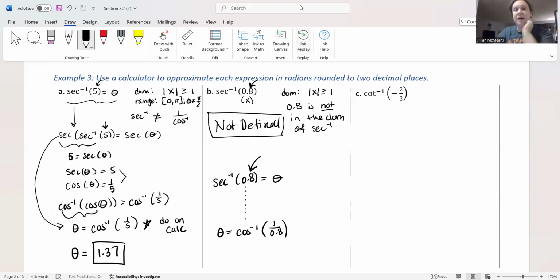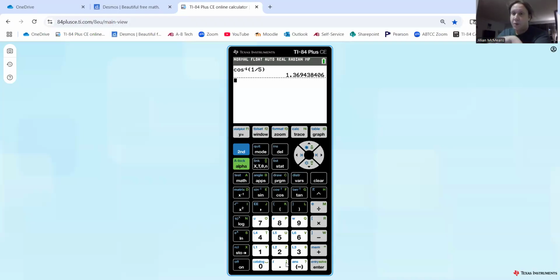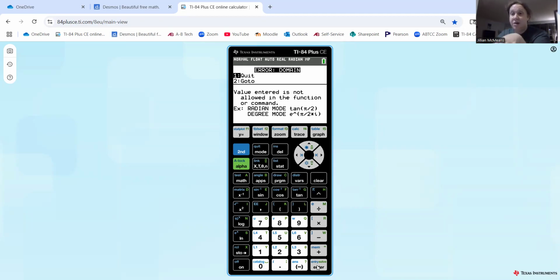Okay, so when we go to the calculator for this one, we already know because we checked the domain of inverse secant that 0.8 is not in the domain, but let's go ahead and do this on the calculator so you know what you would see if you didn't catch the domain restriction initially. So we would go secant cosine, and then we want to apply this to 1 over 0.8. And we get this error and it says, hey, we have an issue with the domain here.